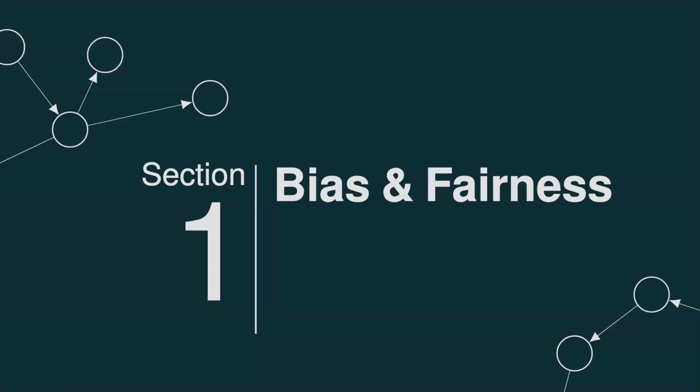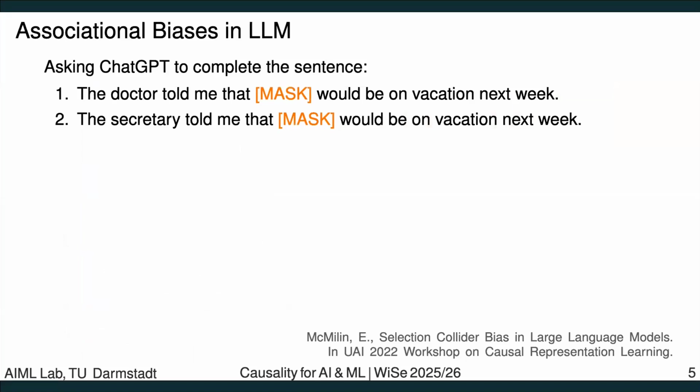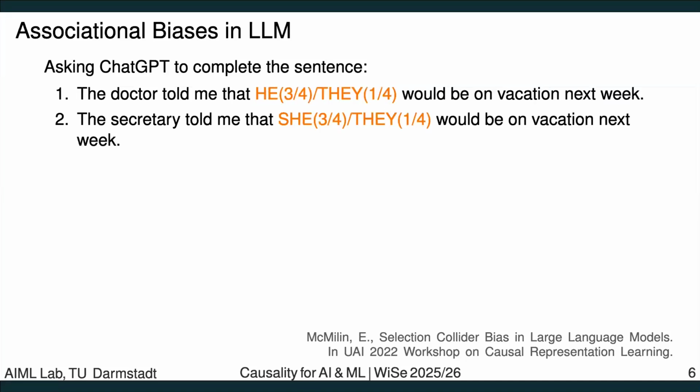Okay, so then let's start with bias and fairness and maybe look at some examples that you might encounter in real world prompts. Basically, there are language models and you have some sentence and you ask for specific words in a sentence, like pronouns for doctor or secretary, and you get some results from your language models. This work is a few years old, but even if you typed it in today, you would get similar results.